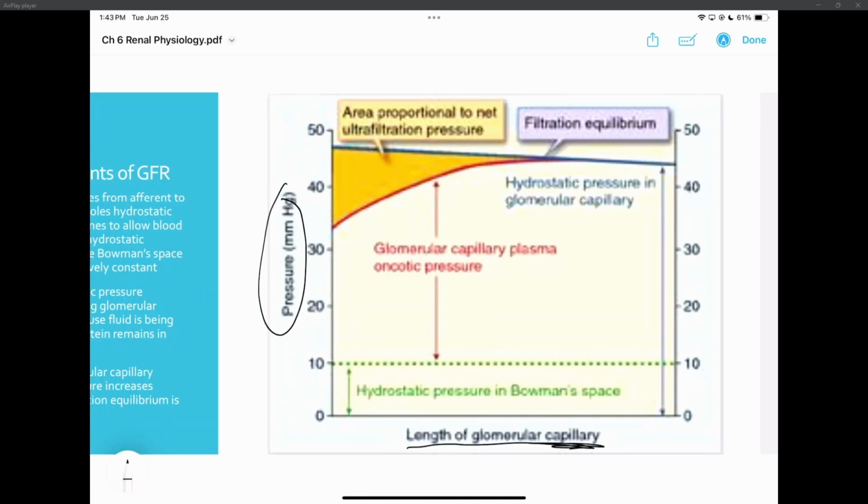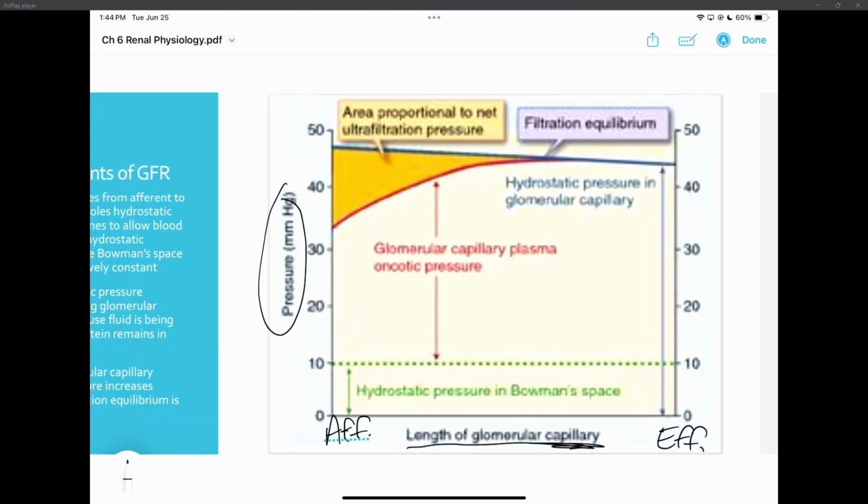We'll start on what we'll call the afferent side, and then obviously the efferent on the other side. Because remember, in the renal system, we have the afferent arteriole that feeds the Bowman space, and leaving the Bowman space is the efferent arteriole. So they're on both sides.